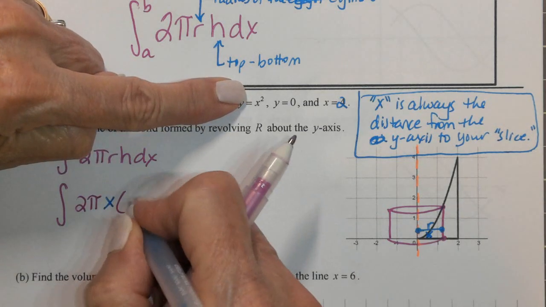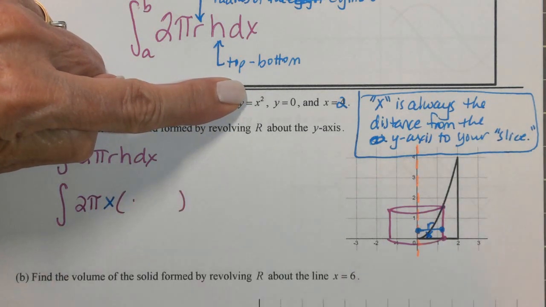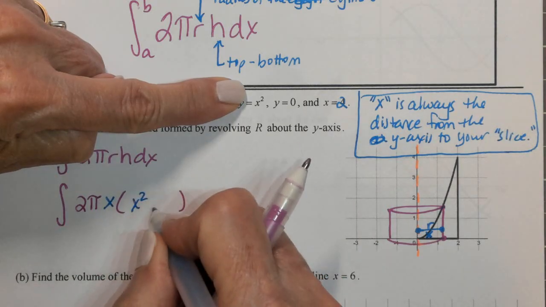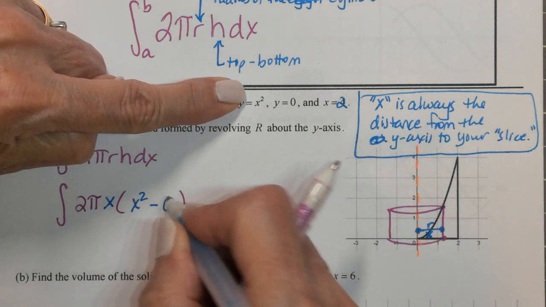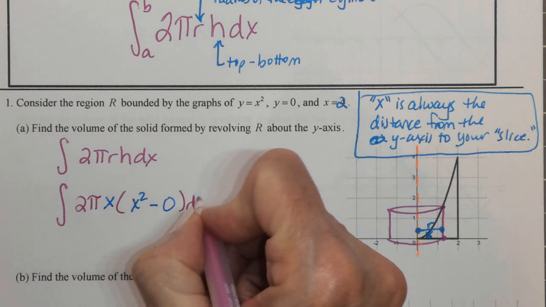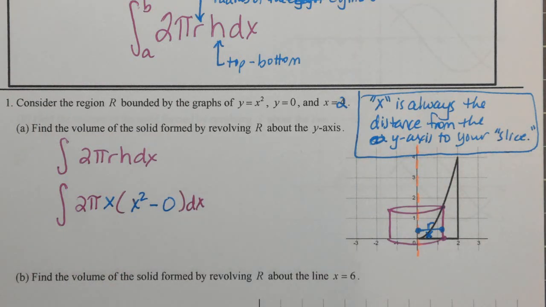Top is x squared. Oops, yeah. Bottom is 0. And our boundaries. Use the boundaries of your region, not your completed project, just of your region.